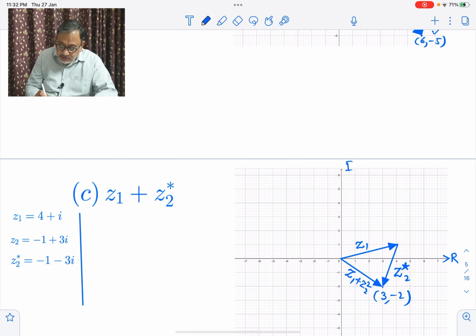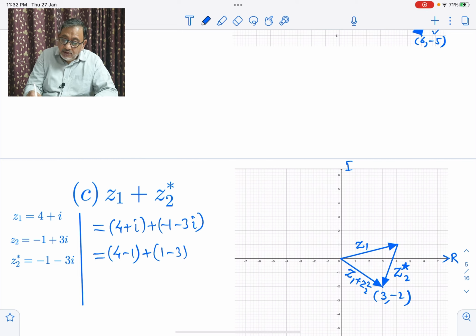z1 plus z2 conjugate: z1 is 4 plus i, plus z2 conjugate, which is minus 1 minus 3i. So I'll write the real parts together plus the imaginary parts together. Look here, 4 and minus 1 are the real parts.